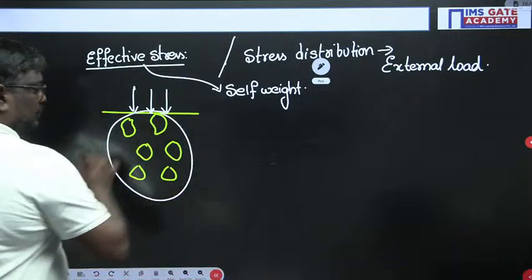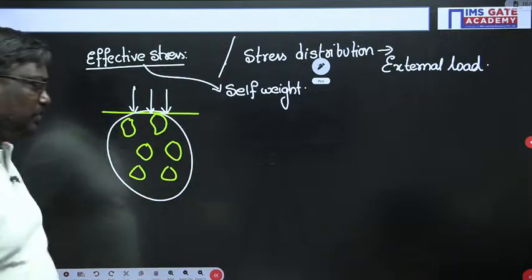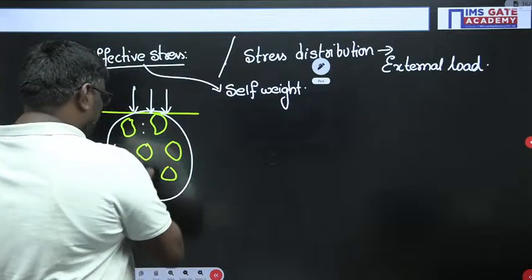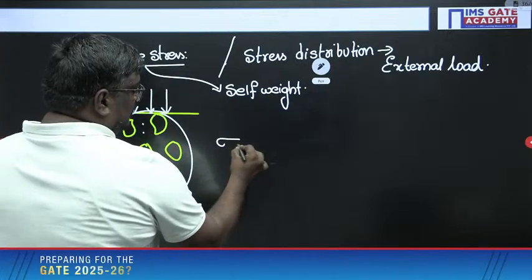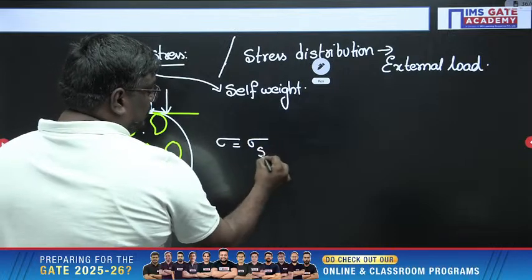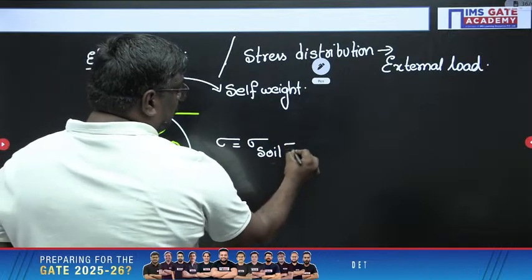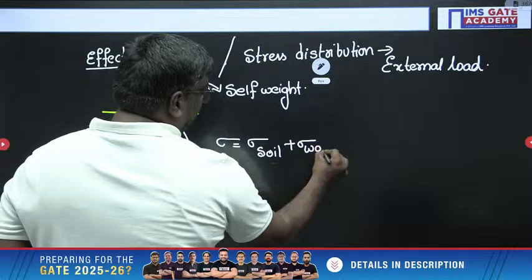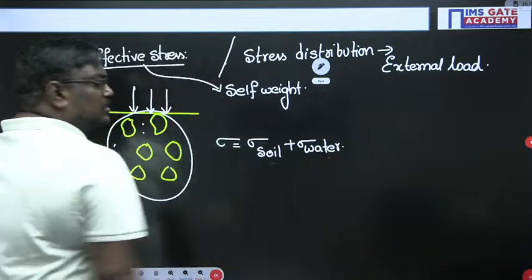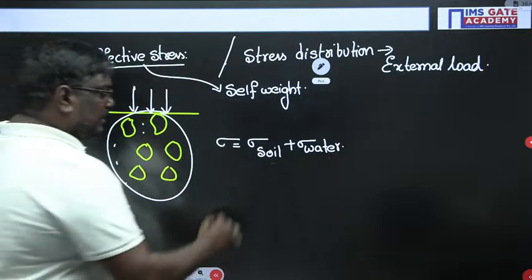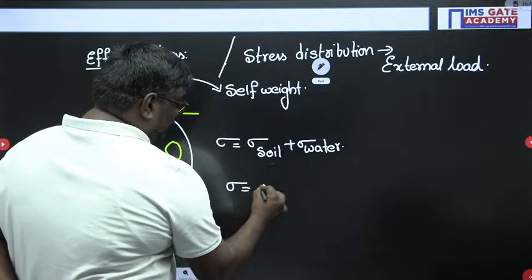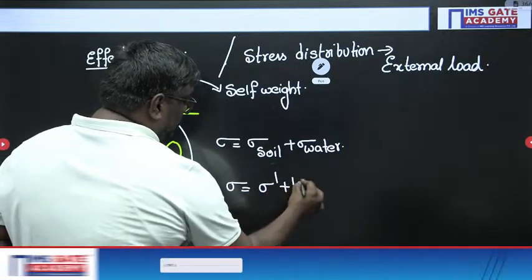There might be voids here. Total stress can be taken as stress taken by soil plus stress taken by water. So total stress can be written as effective stress plus pore water pressure.